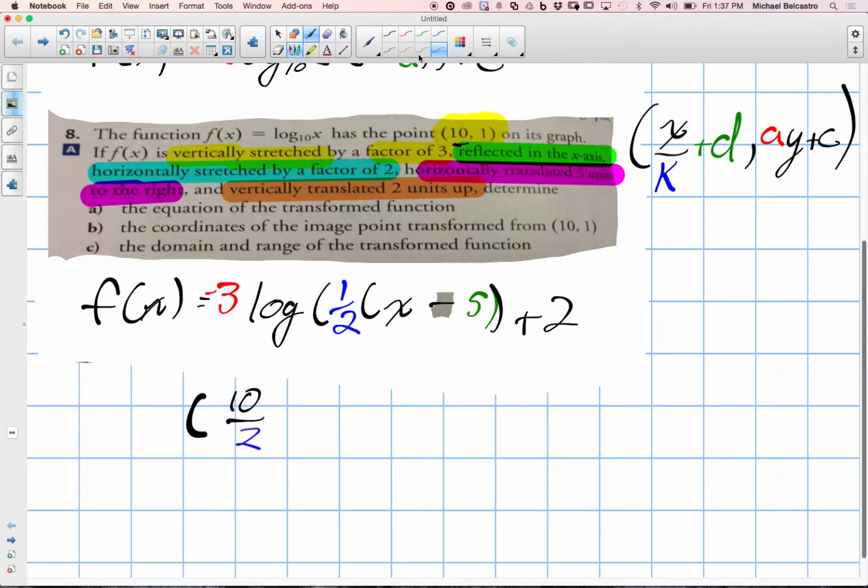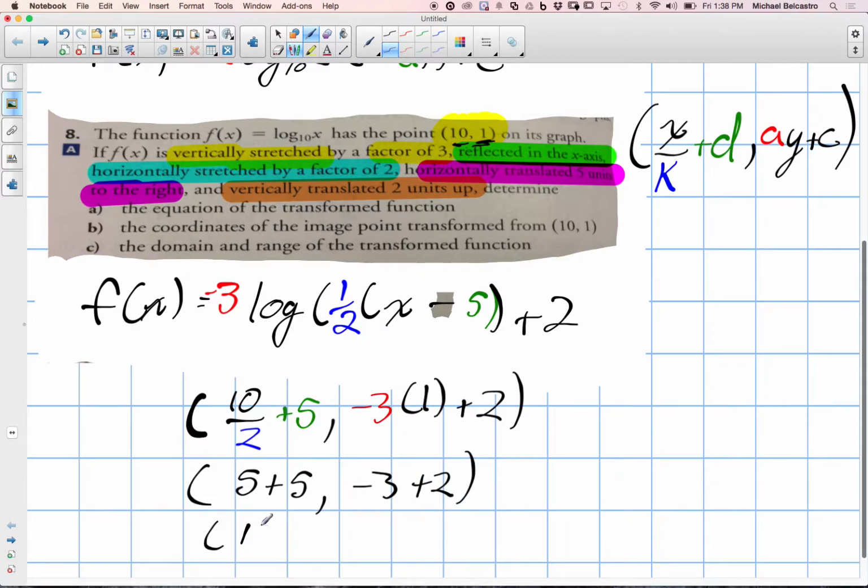So we're going to divide by 2, and we're going to add the d value, which was technically our 5. Okay, and then our a value was -3. The y from before was the number 1, since we multiplied by 1, and the c value was 2. So when we put this in, we're going to end up with 5 and 5, and -3 and 2. So we should have 10 and -1. So according to this, we should have 10 and -1, assuming we put it into mapping notation.